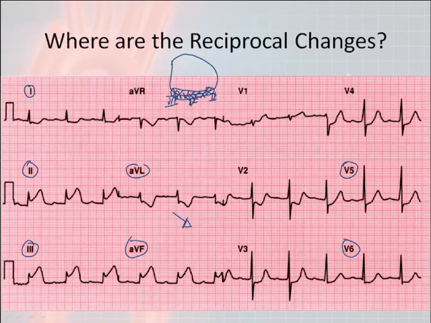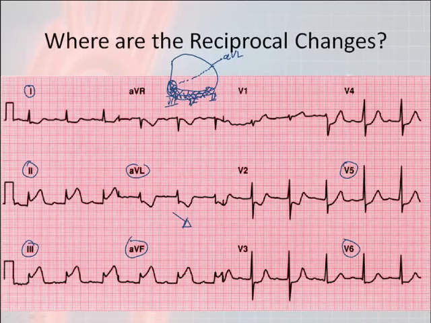Negatively deflected is the worst. Horizontally, not so much. Upward deflection, okay, whatever. The negative deflection is the worst, which tells me that reciprocal AVL is going to look up here. So we're going to put AVL over here. Reciprocally, the AVL is going to look through the heart to this area right here.